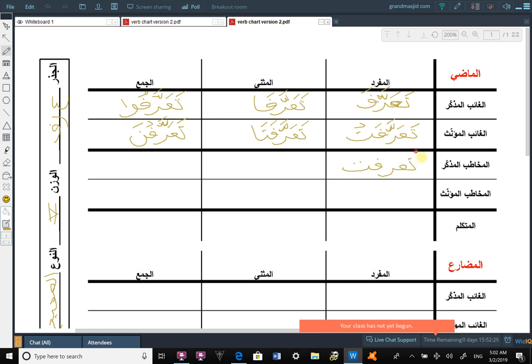Anta ta'arrafta. Make it dual, we add tuma. Antuma ta'arraftuma. Want to make it plural, we add tum. Antum ta'arraftum. The fa'il is tum, the doer.